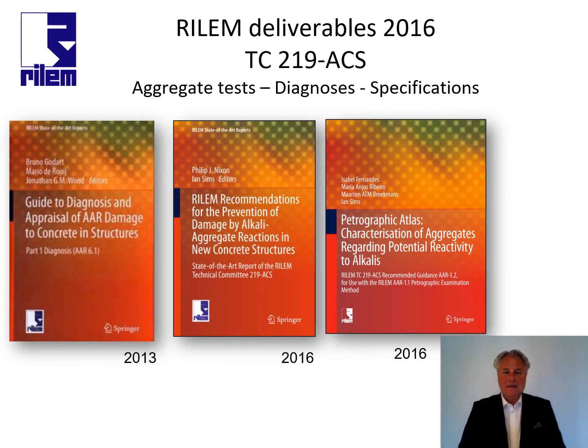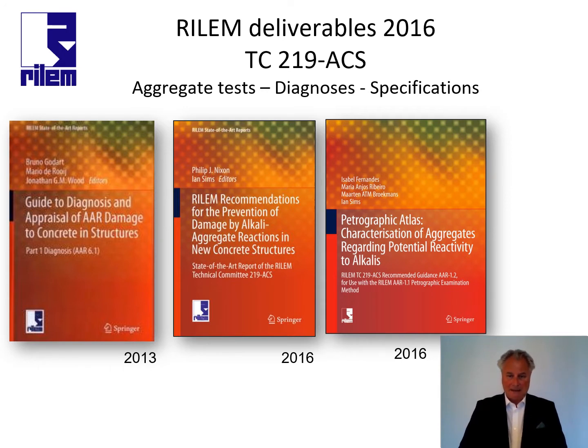The publications or deliverables from these three TCs by Nixon and Sims: first we had a publication by Springer in 2013, the guide to diagnosis and appraisal of AAR damage to concrete structures.